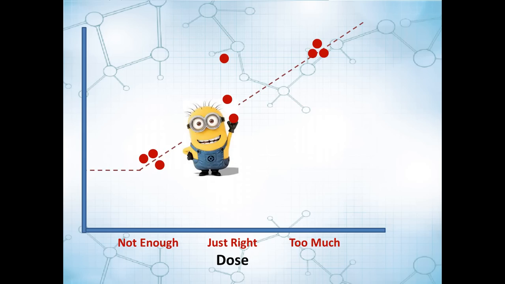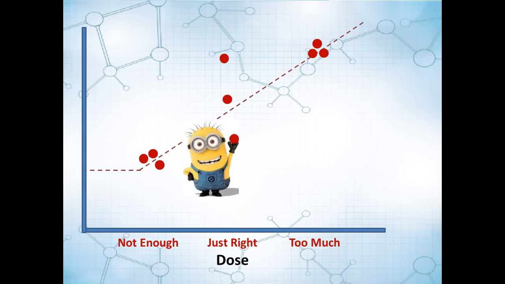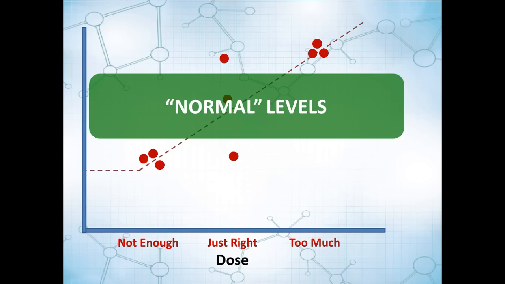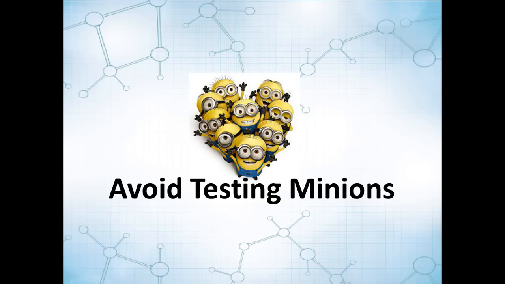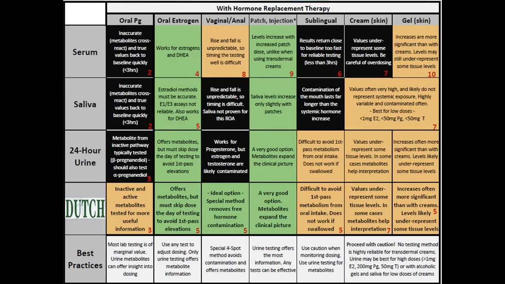Or you actually end up getting a false low result, and your systemic levels of hormones are actually much higher than what the lab result would imply. We need to be careful that we're not getting false lows or false highs because of these testing minions, things that are going to wreak havoc on your ability to make a good decision for your HRT monitoring.